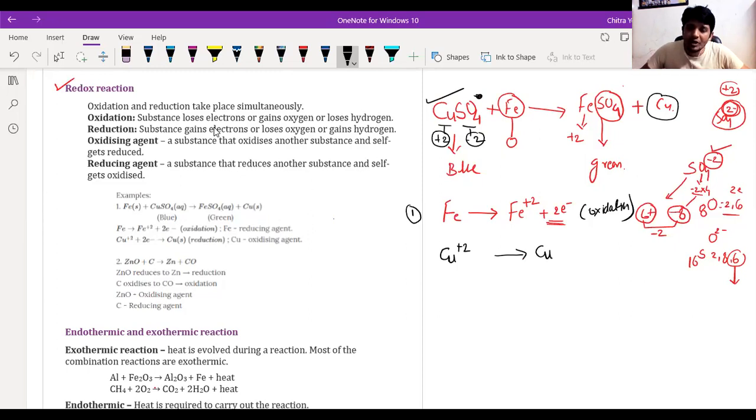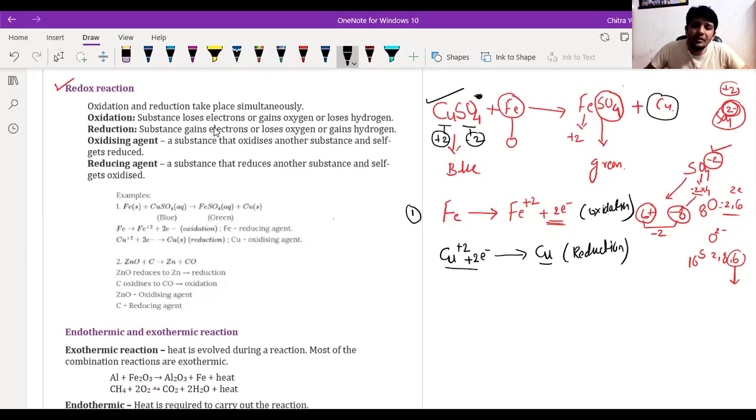See here, copper on the reactant side has a positive 2 charge, so it will have to gain 2 electrons, then will become copper in metallic form. So copper gains 2 electrons to form copper. That's why gain of electrons takes place, so it is a reduction reaction.